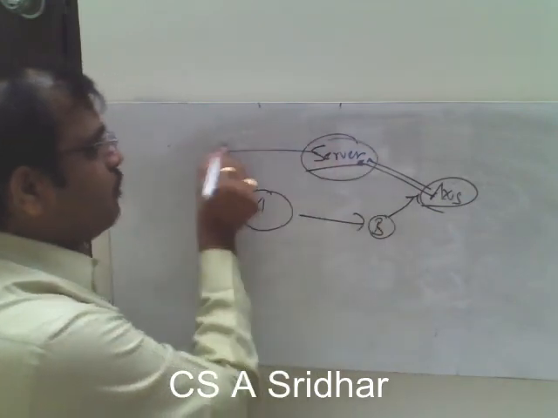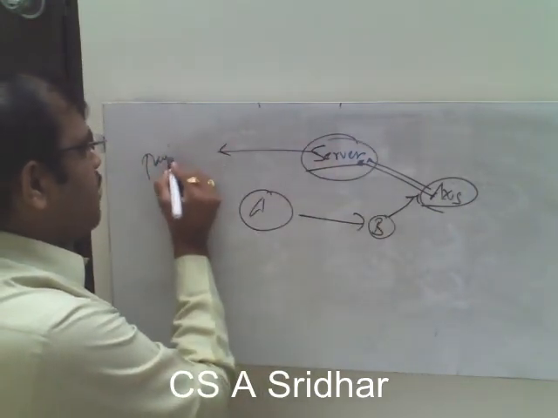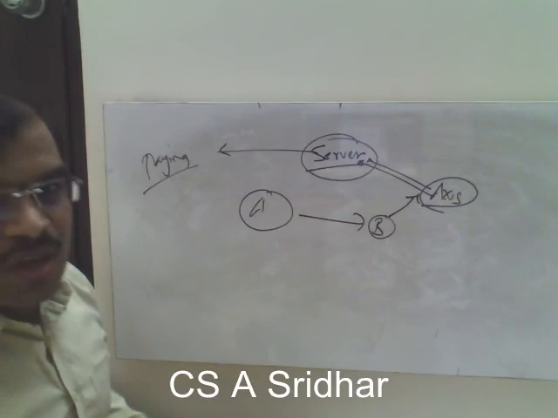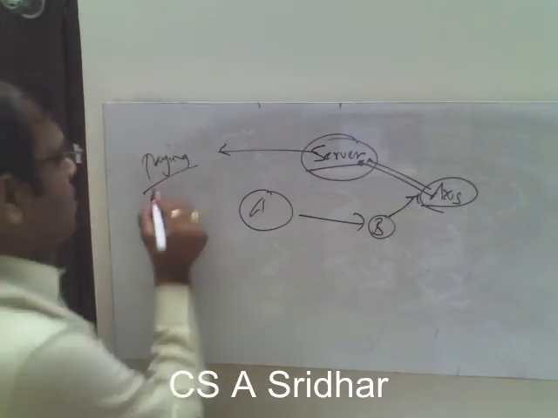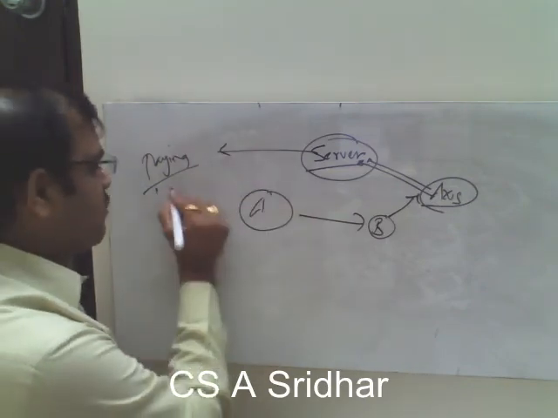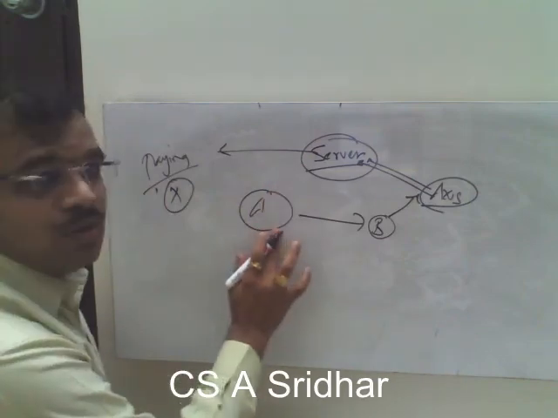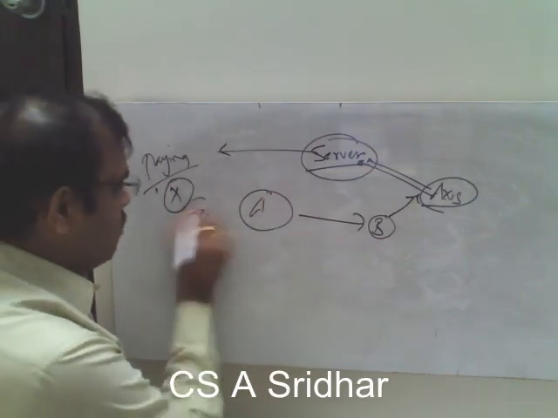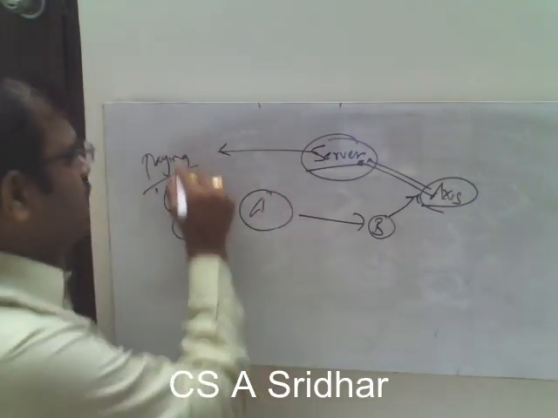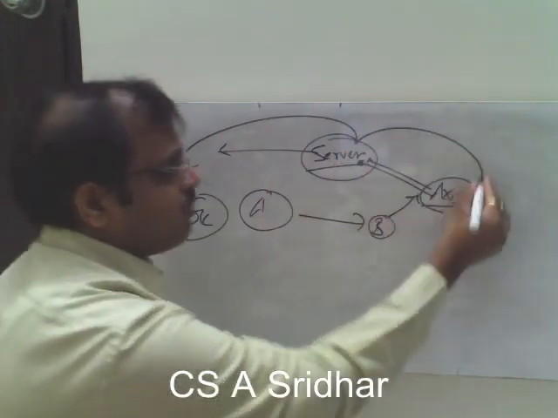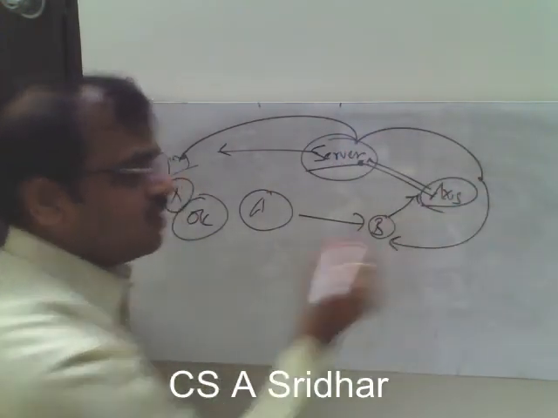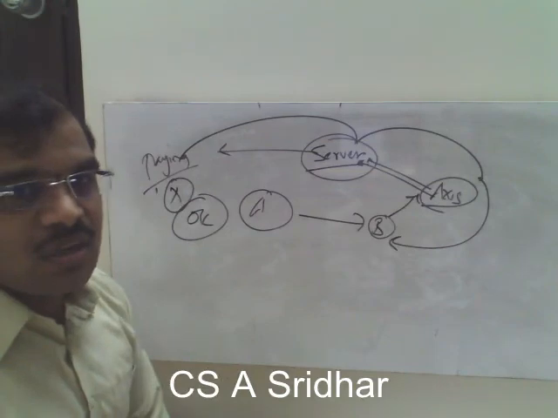Then the server will prompt the paying banker. Here processing units will be there. The paying banker, some X bank, will verify the account. Then they will just click OK. Then automatically money will be transferred from here to here and from here to here. So this is how it is happening.